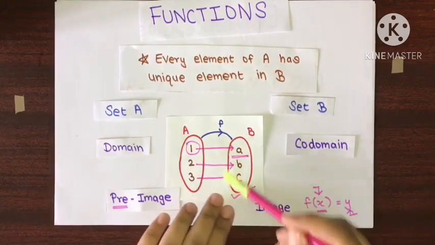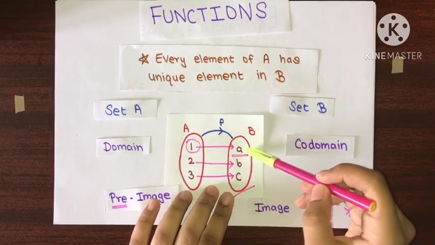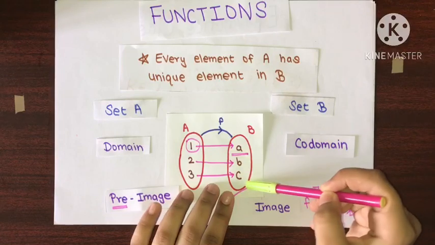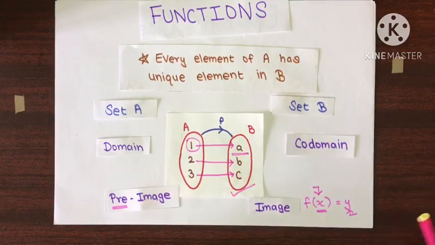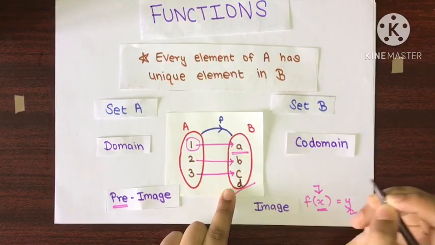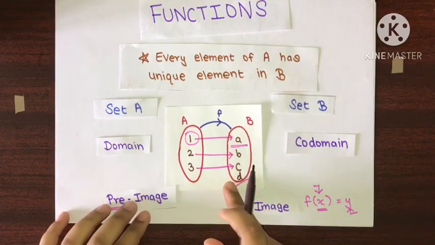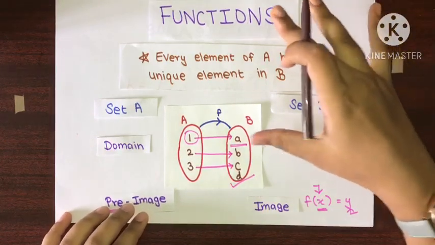Similarly, all the elements, every single element in set B. So over here in this scenario, I only have 3 elements. But let's say, for the sake of an example, I add an element, okay? Let's say I have d. Now you might be wondering, hold on a second, if you add d over here, won't this stop being a function?